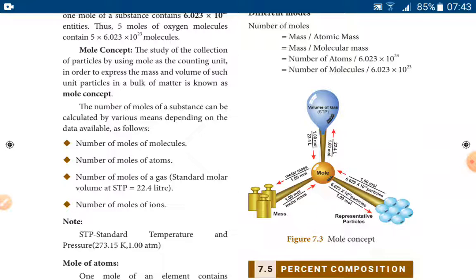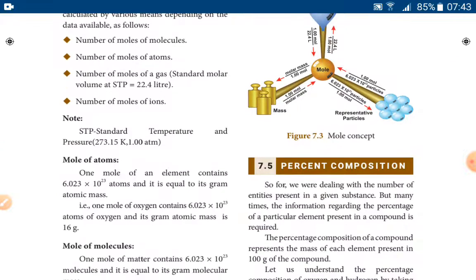For example, number of moles of molecules is given, number of moles of atoms is given, number of moles of gas according to STP, and the number of moles of ions. So using this available data, we can calculate the number of moles in the given substance. And STP is nothing but standard temperature and pressure, at 273.15.